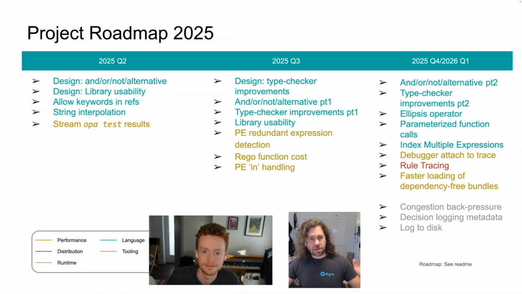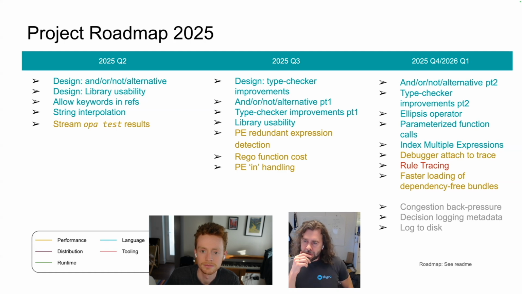Do you want to give us a little overview about the roadmap here? Yeah, of course. As Charlie said, this is the general roadmap for the year, and it starts in Q2 and goes through to Q1 of 2026.